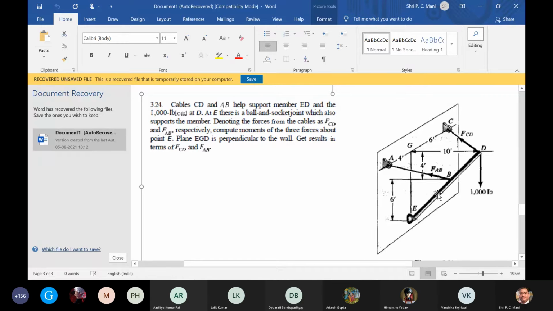This is the moment about a particular point. Plane EGD is perpendicular to the wall. EGD, this is perpendicular. That means this is in a plane. This ED is a single plane. GDE is a plane which is perpendicular to this wall. Okay, get results in terms of FCD and FAB.